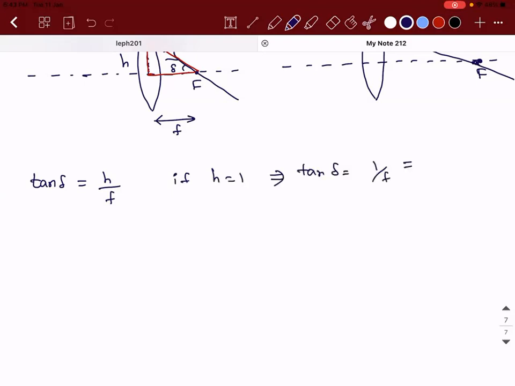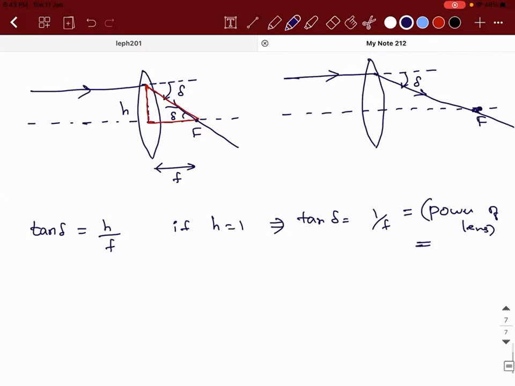And this is what is called power. So the tangent of the angle of deviation for a ray which has hit the lens at a distance of 1 unit from the optical center, or principal axis, is what is called the power of the lens.